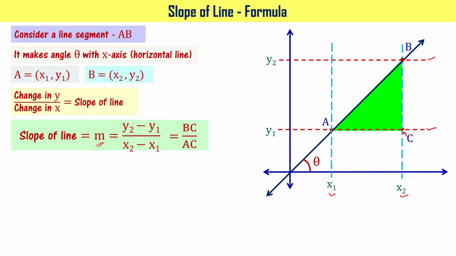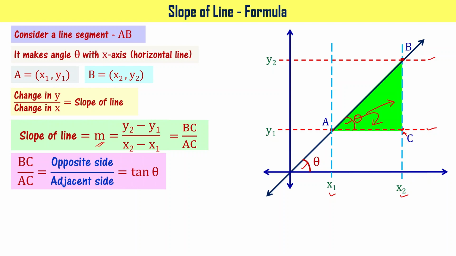If you observe the triangle and this particular angle theta, and this angle, this is also going to be theta, right? Because these two angles are corresponding angles. If I take the opposite side of this angle, that is BC, and the adjacent side, that is AC, from trigonometry we know the ratio of opposite side and adjacent side is tan theta, right?